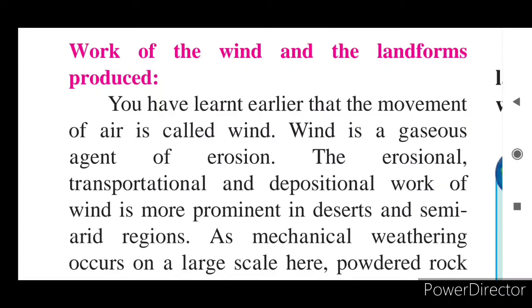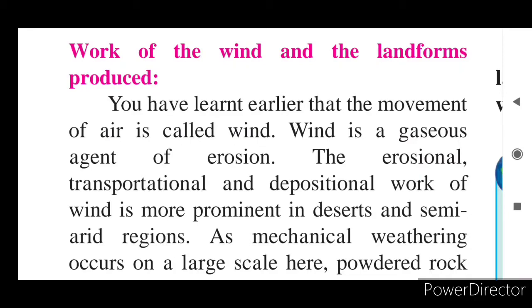Mechanical weathering occurs on a large scale here. We have seen the meaning of mechanical weathering in our earlier chapter. In the desert area, days are very hot and nights are very cold. So due to expansion and contraction, that process takes place in the rock continuously.